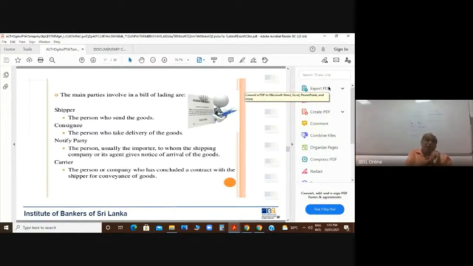In case something happens, you have to notify this particular party. Then carrier, the person or company who has concluded a contract with the shipper for conveyance of goods.